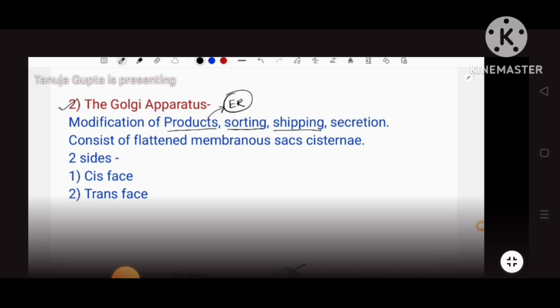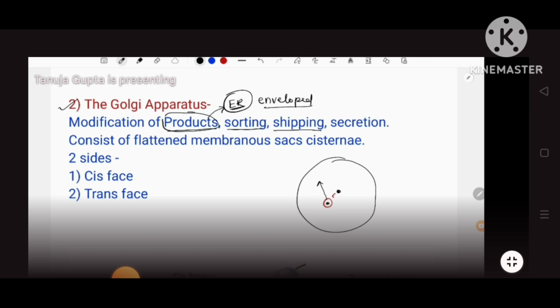Then only it would be able to reach that location, right? So here also, if some products are formed by the ER, first of all they are enveloped, bound in a membrane, and then they are sorted out. Suppose this is the cell. The product is first bound inside a membrane, then it is sorted according to its location.